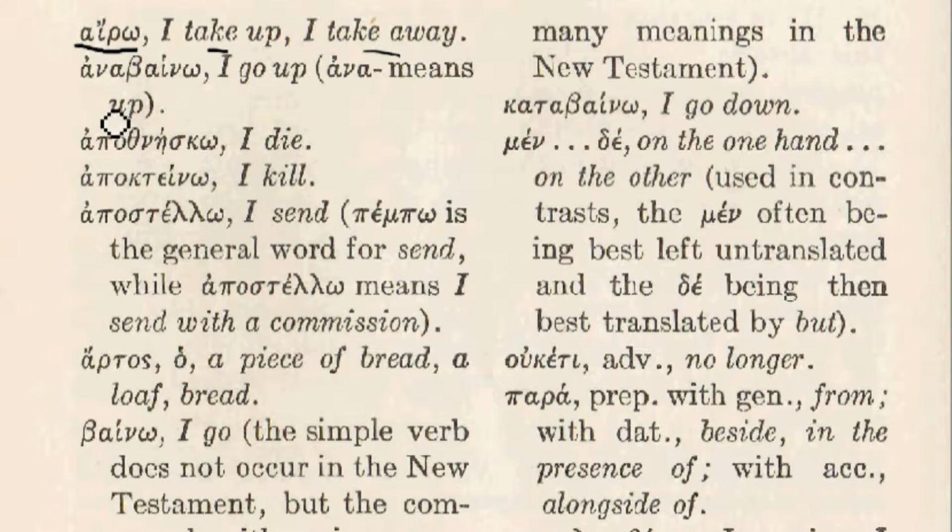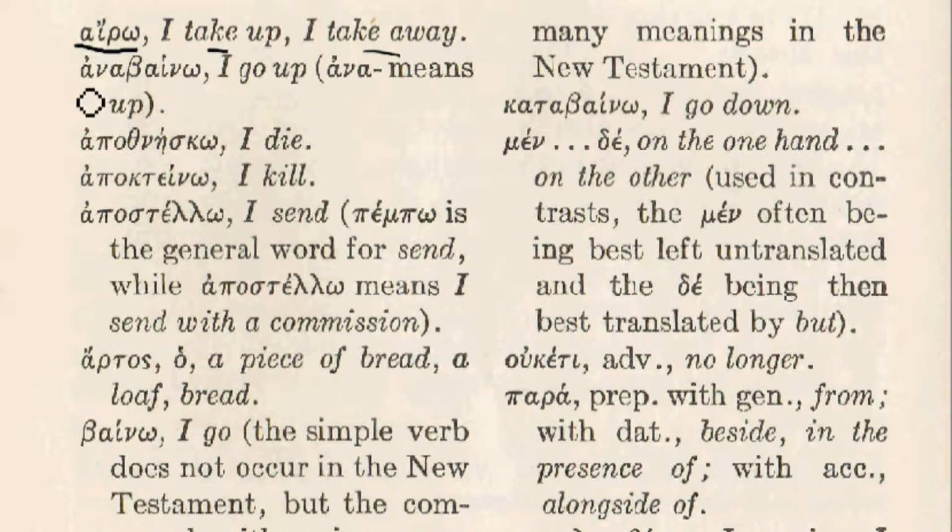Maybe what Jesus means there is I take them away, as in dispose of them, or maybe what it means is I take up, as in lifting them up and hanging them on a trellis or something like that so that they can bear more fruit. There's a bit of a conversation going on to this day as to the meaning of that. I'll leave that for another time, but this is the word iro, I take up or I take away.